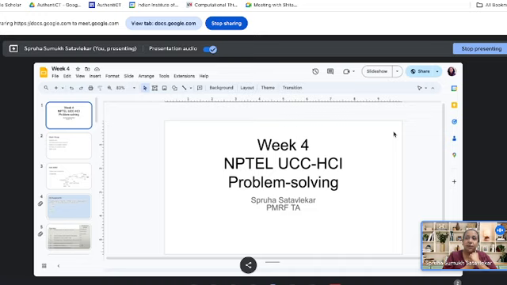Only if you get a good grade do you get a certificate. All those requirements are there. So I am hoping that through this interaction you at least get to solve the assignments on time. Try to solve them and submit them, because you can submit as many times as you want. You will get multiple chances till the deadline. So at least try and attempt them once after watching this video.